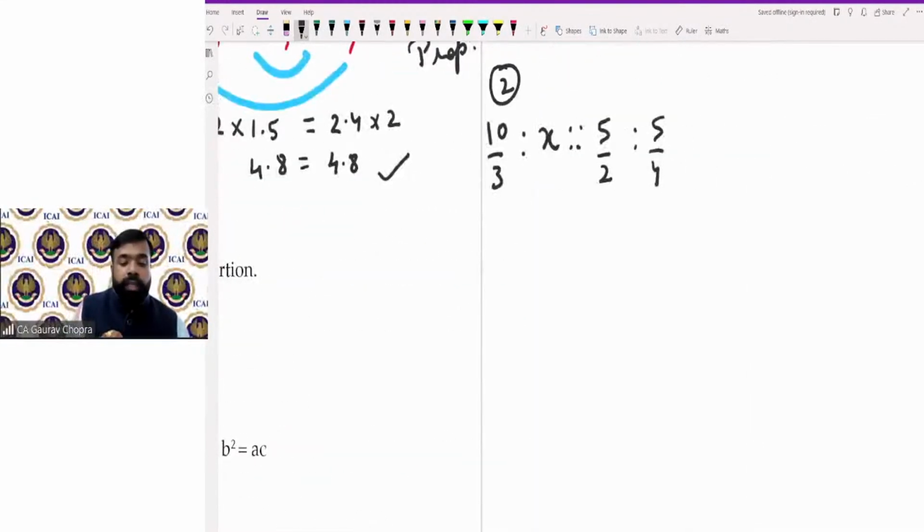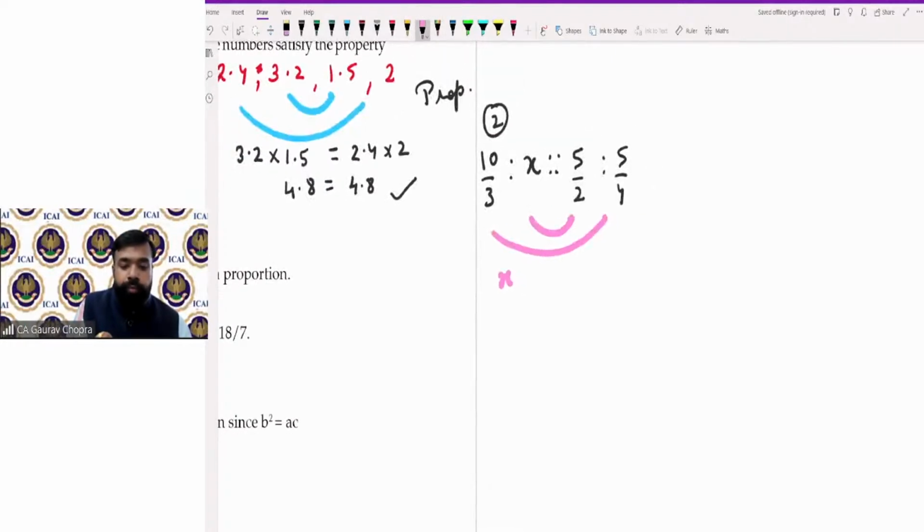So again, apply the same concept. Product of means should be equal to product of extremes. So x multiplied by 5 by 2 should be equal to 10 by 3 multiplied by 5 by 4.